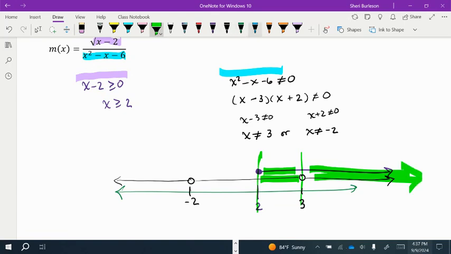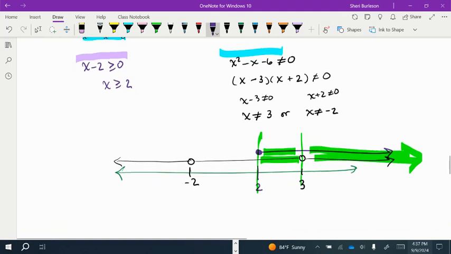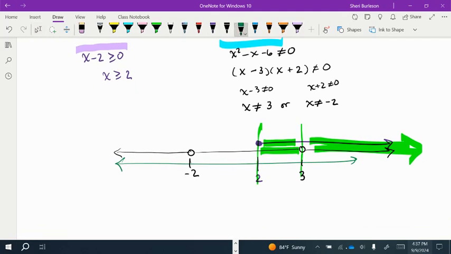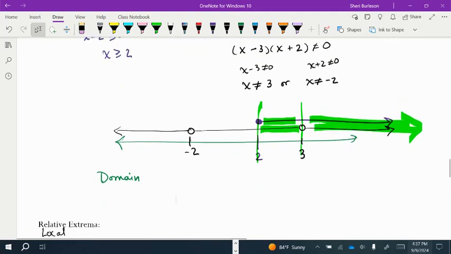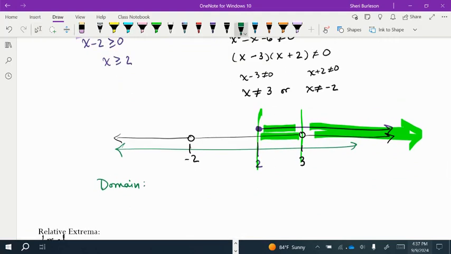So my domain, or implied domain, for m of x is going to be from 2 to 3, not including 3, and then from 3 to infinity.